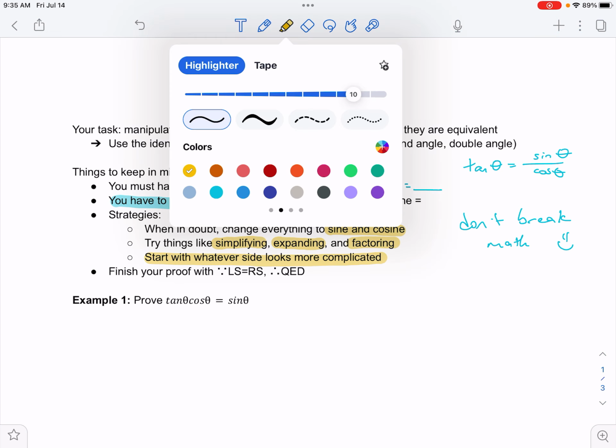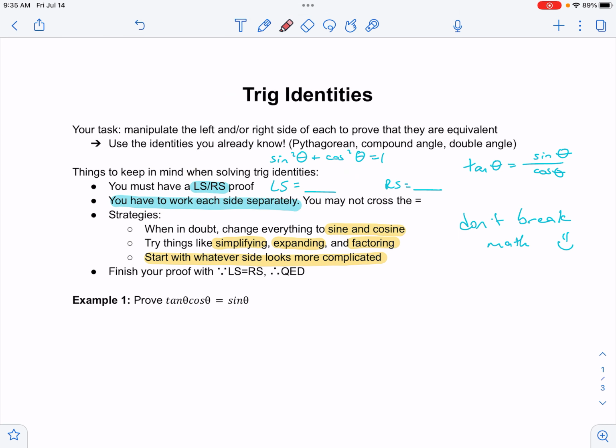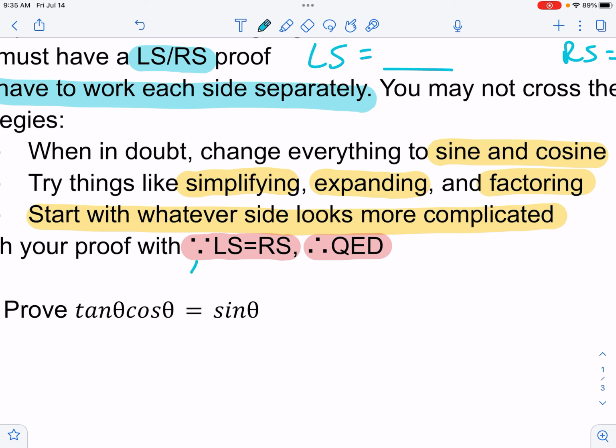Last but not least, I want to make sure that you are finishing your proof appropriately. We're going to use the "since left side is equal to right side, therefore QED." Okay, let's just zoom in here. This is our since. QED, some people also write a box instead.